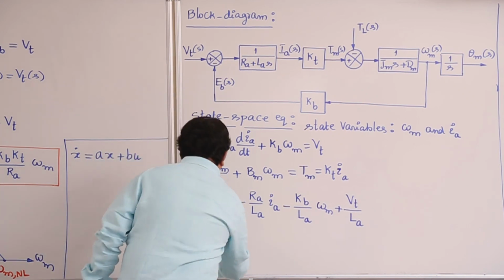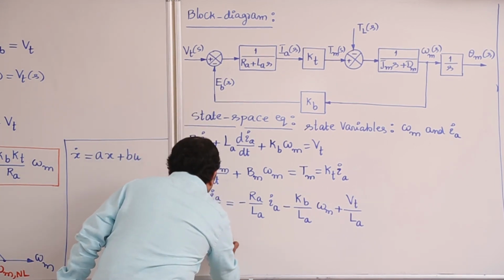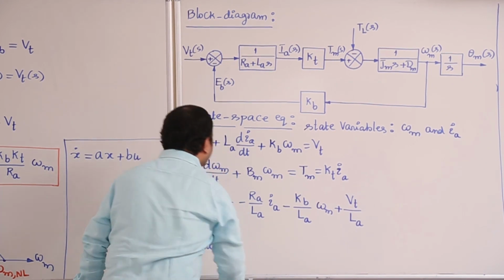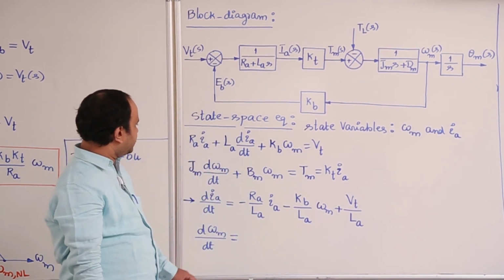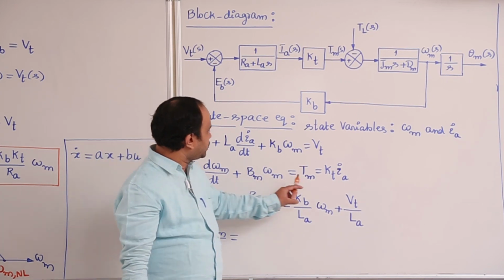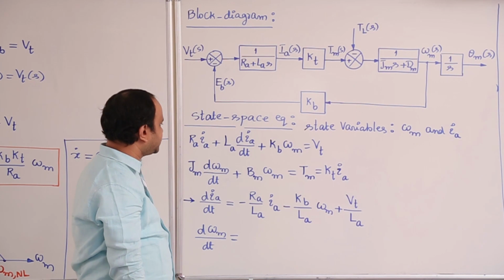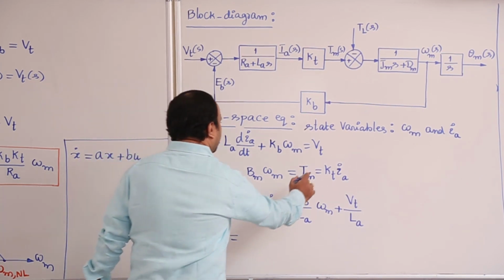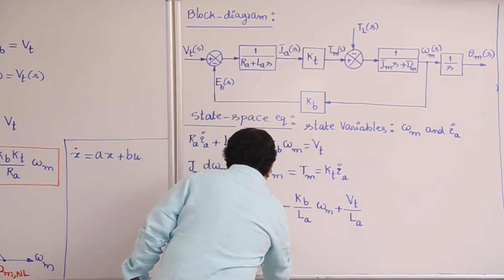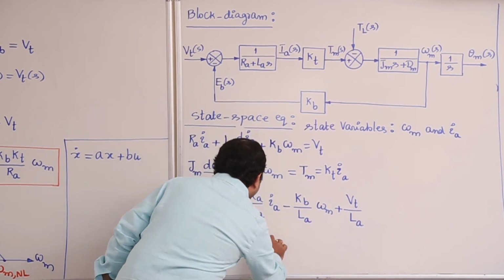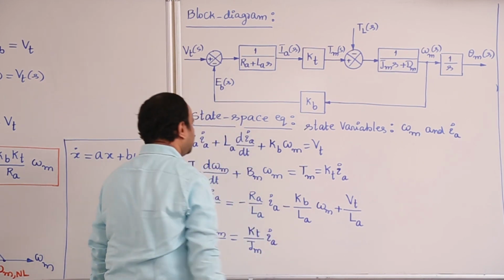Now the second equation, d omega m by dt is equal to, here in this equation first let us write the ia term corresponding to the armature current. So what I can write here is Kt divided by Jm into ia.